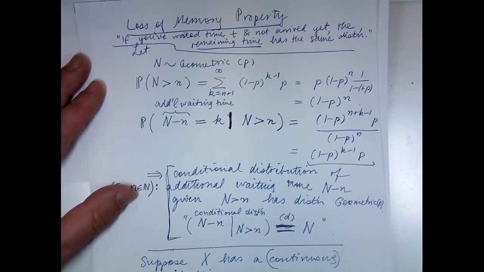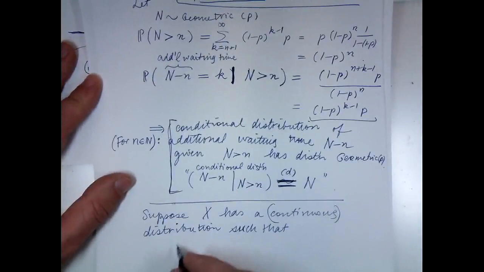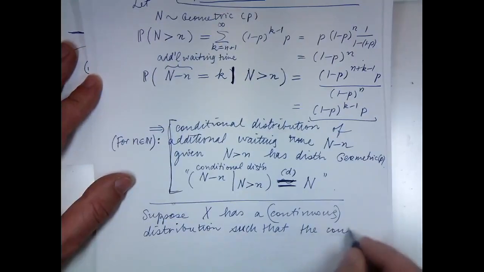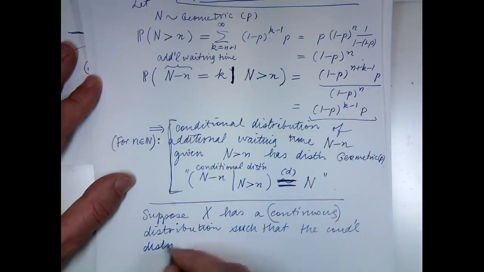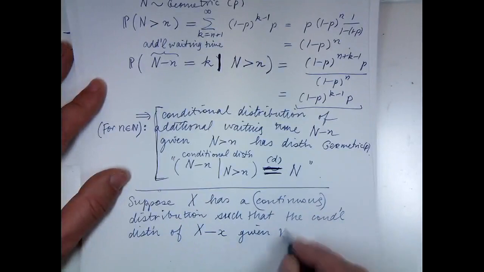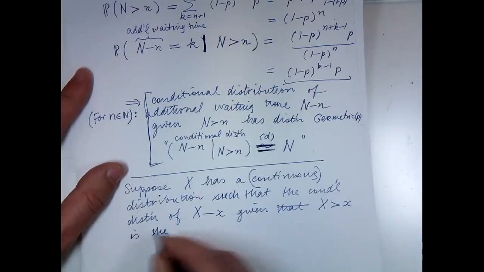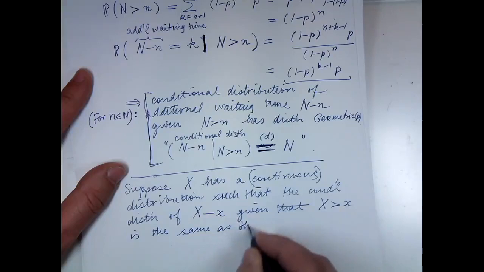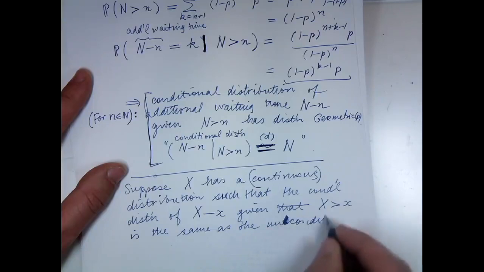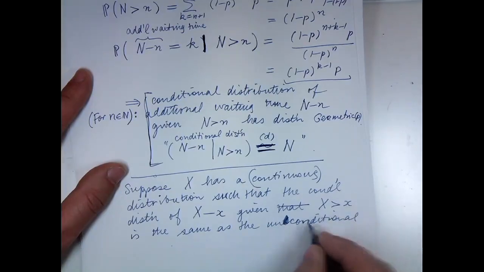Just the real number time loss of memory property will make our important difference, such that the conditional distribution of X minus a certain waiting time, given that we had to wait that long in the first place, is the same as the unconditional distribution of X. You don't have to say the word unconditional, but I'm putting it in to be unambiguous.